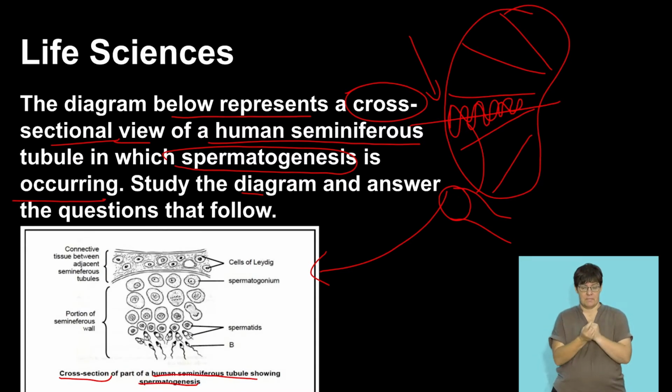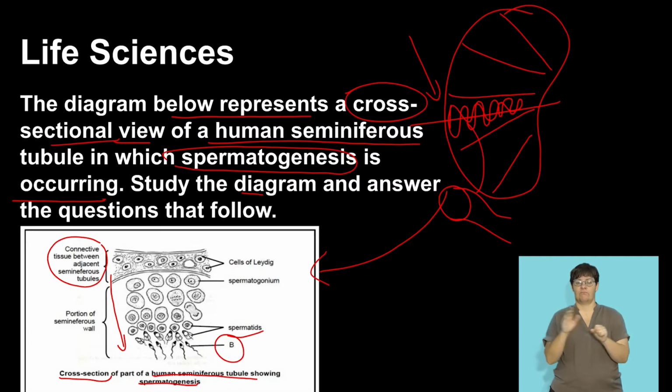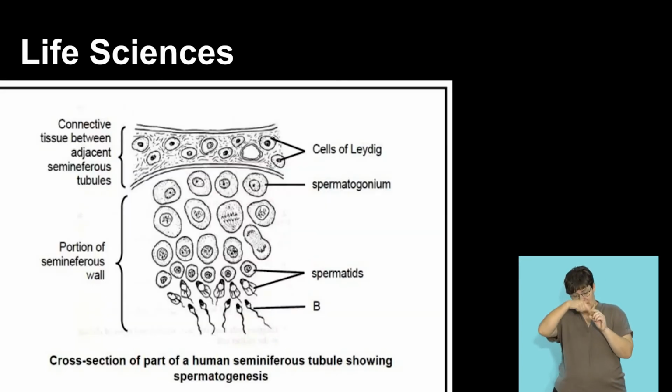Essentially this process shows you the development from these germinal epithelial cells, which are right here on the lining of the seminiferous tubules, to developing into young spermatids and then fully developed sperm cells. Again, this is all happening within the seminiferous tubules. Let's look at the questions based on this.